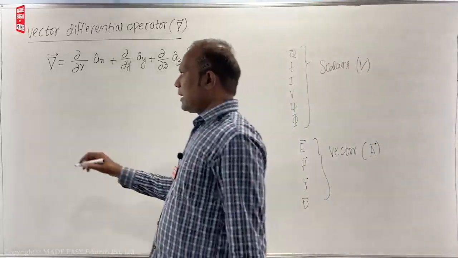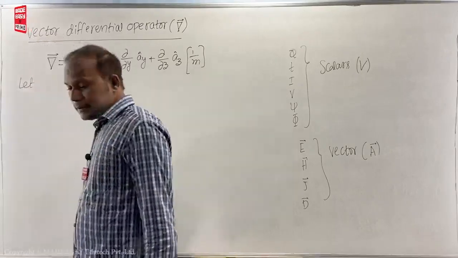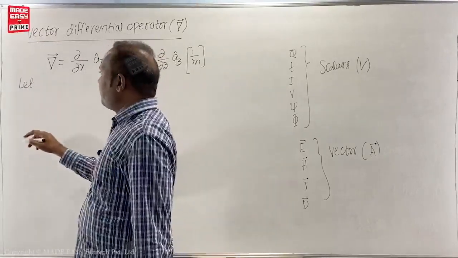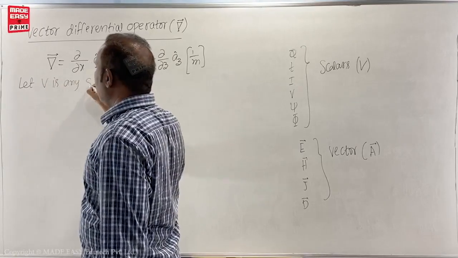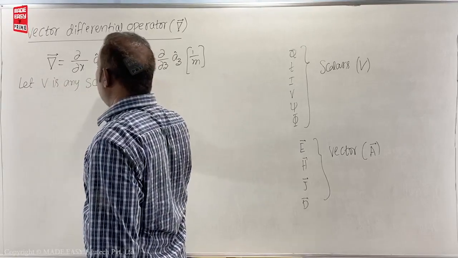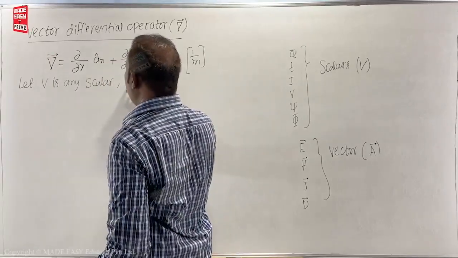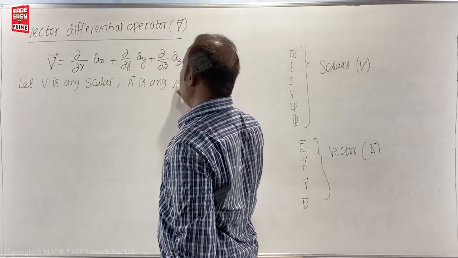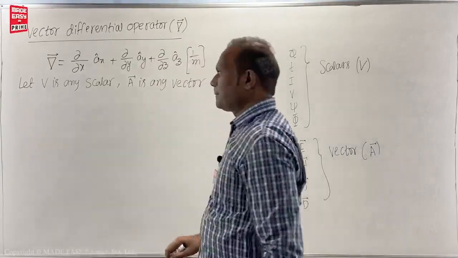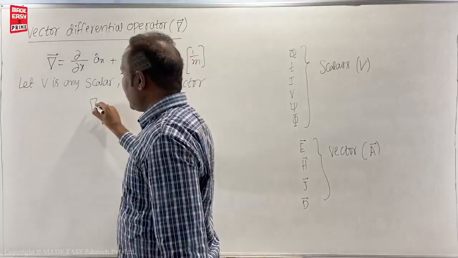Now here I am writing: let V be any scalar, comma, A bar be any vector. Now then this del operator is there.